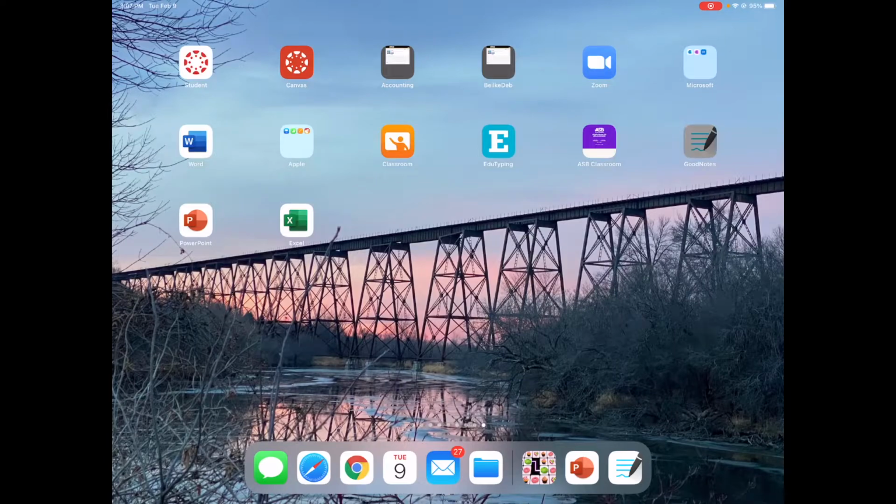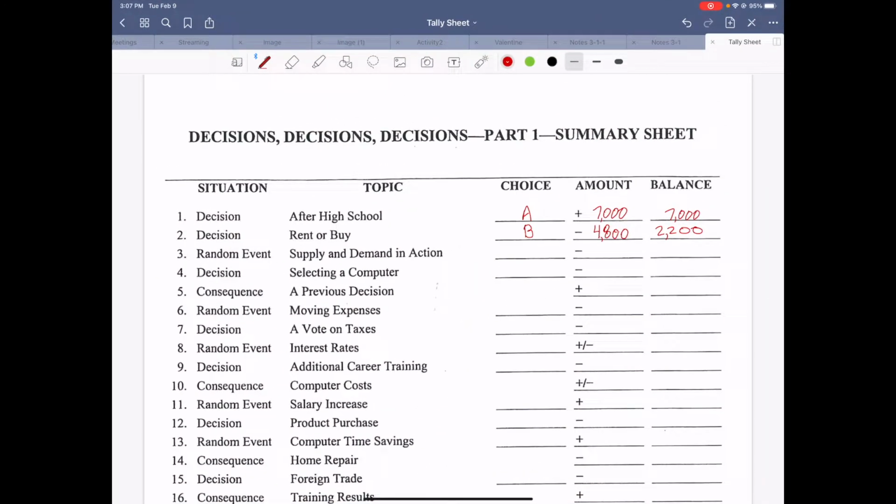$90, result 5. So we will go here on line 3. The choice was 5. It was $90. And so now I'm going to subtract it. Okay, and you can see how you need to make sure that on all of these you fill out your choice, the amount that's on the slip, and then you're going to figure out the balance.